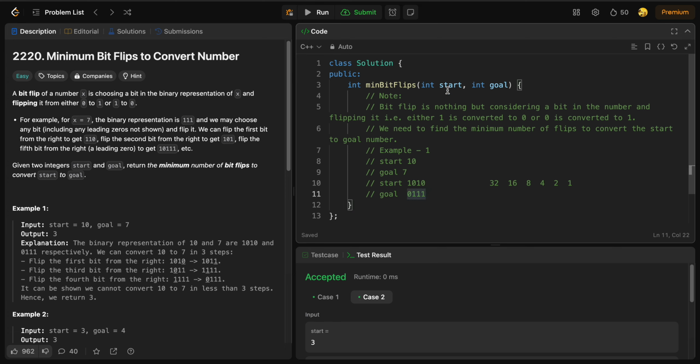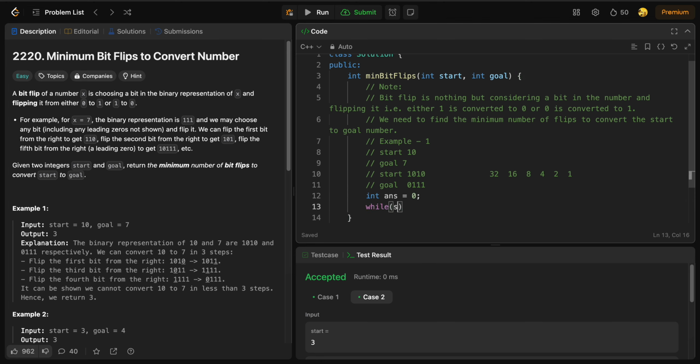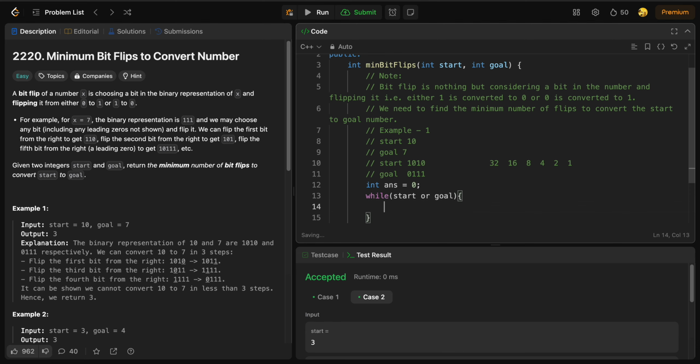And given a number, we know how we could construct the binary representation of that number, right? It's very simple. I'll just set answer to be 0, and I'll loop while my start is there or my goal is there, because I need to find the minimum number of flips.